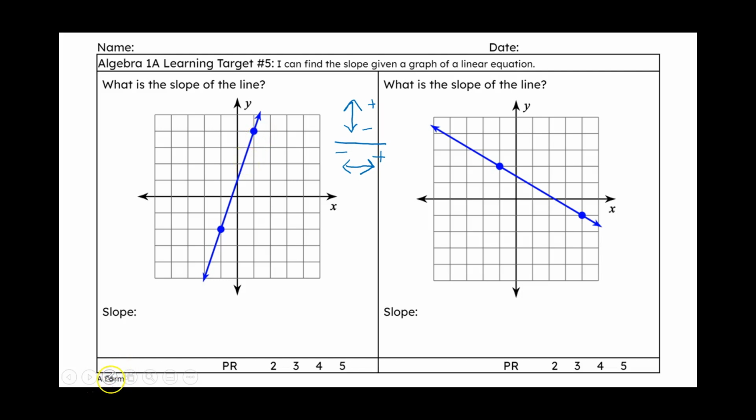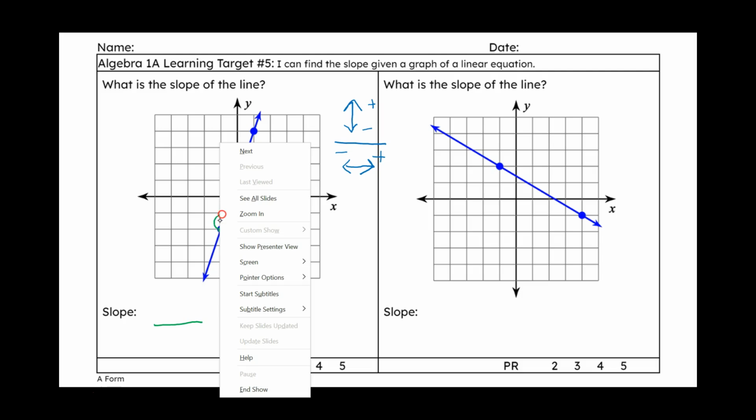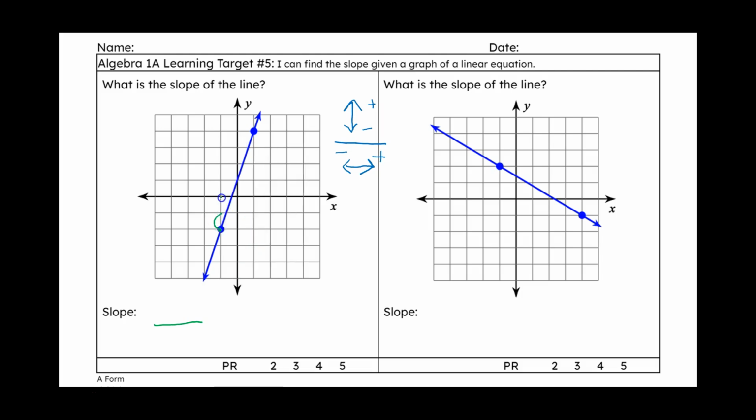So let's try this. We're going to see how much you have to go up or down and how much you have to go right or left to get from this point to the next point. All right, so I'm going to draw my fraction bar here to represent my ratio. How much do I need to go up or down to get to this point? Well, I need to go up 1, 2, 3, 4, 5, 6.